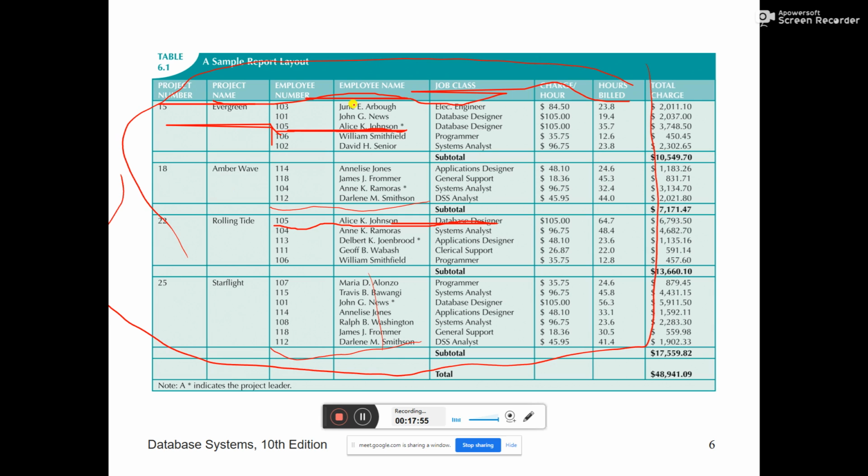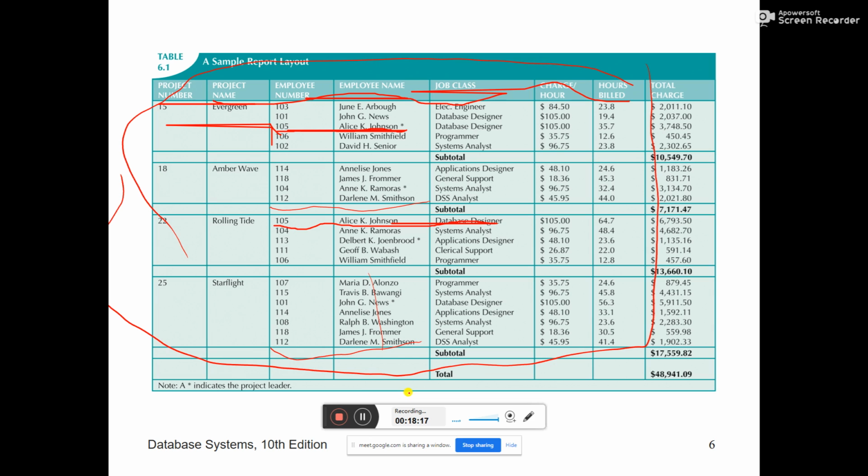So in the normalization process, what we want is that all non-prime attributes depend on the primary key. So does employee name have anything to do with project number? Is there any dependency of employee name on the project number? No, employee name does not depend on project number.